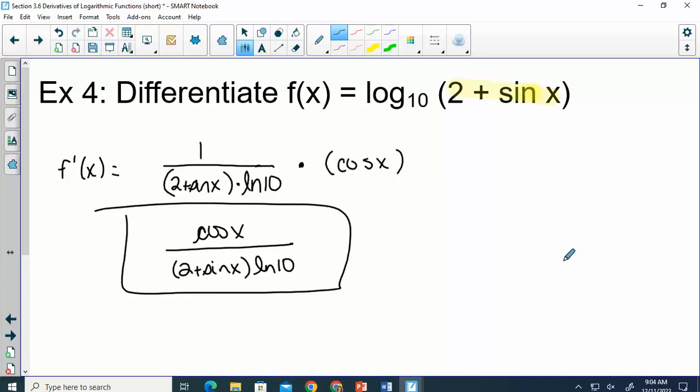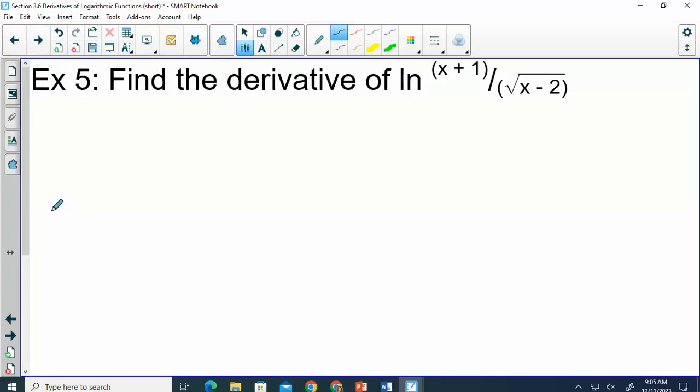Let's see. This one is asking for the natural log of this whole thing.